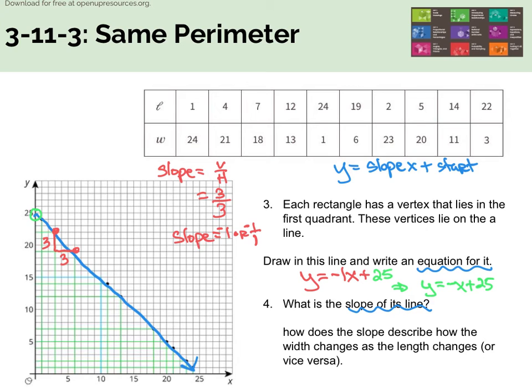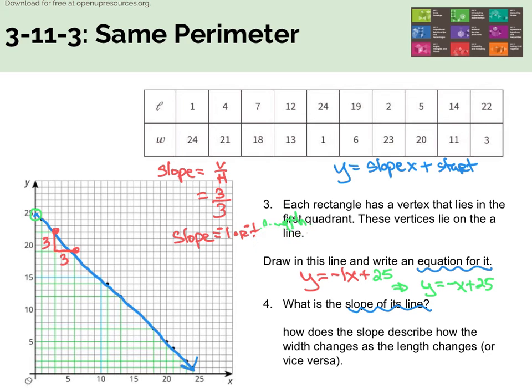So what does this actually mean? They asked us about the slope. What does that actually mean? If you take away one of your widths, you have to add onto the length. It's kind of a vice versa, give and take thing. Our vertical was length, and our horizontal was our width. I should have said width, not horizontal.